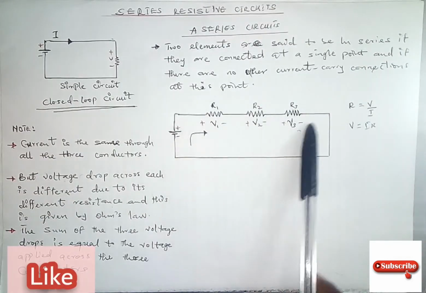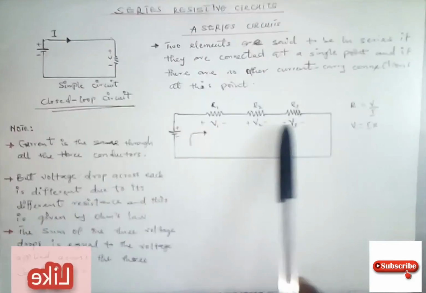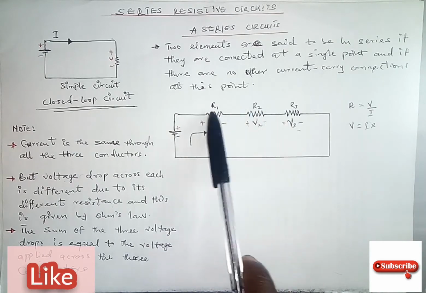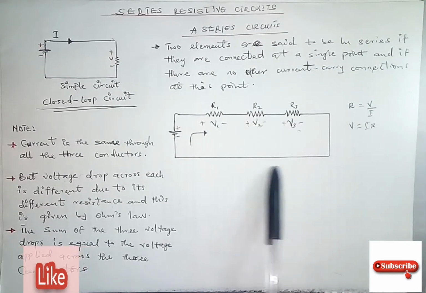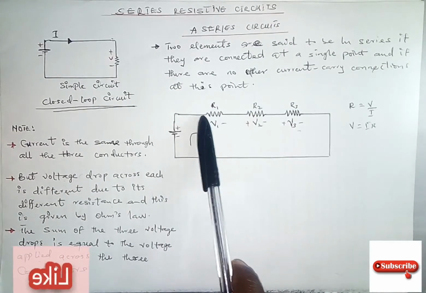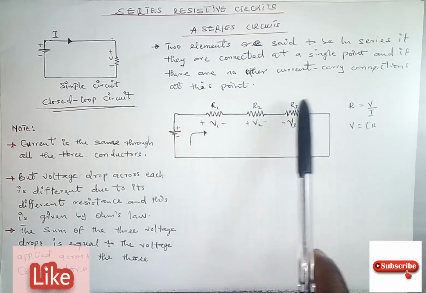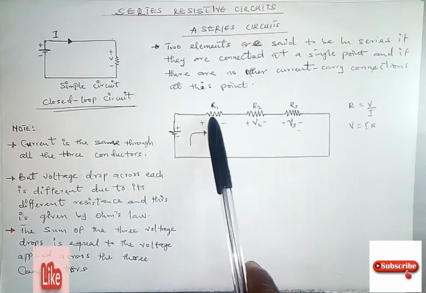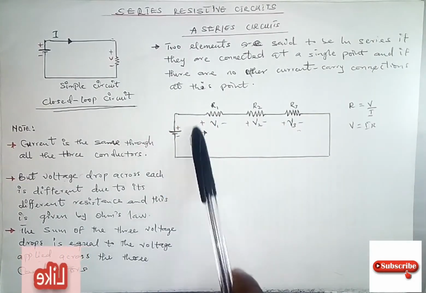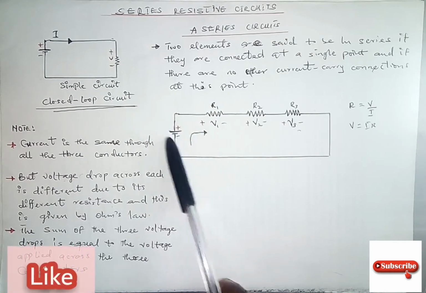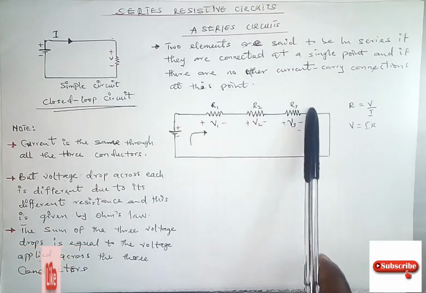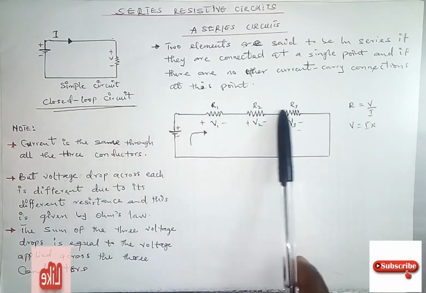No matter what, in any series circuit connection or series network, the current that flows through each conductor or load is going to be the same. Let's say, for example, an ammeter is connected behind each of these lamps, and you switch on the power and supply the current. The same current is going to be read on each ammeter. That is what we mean by that.